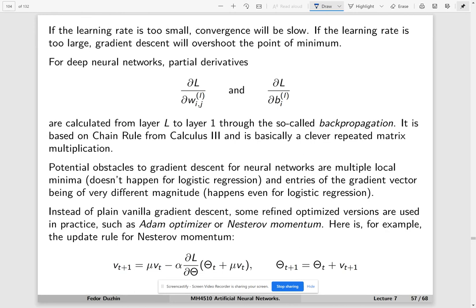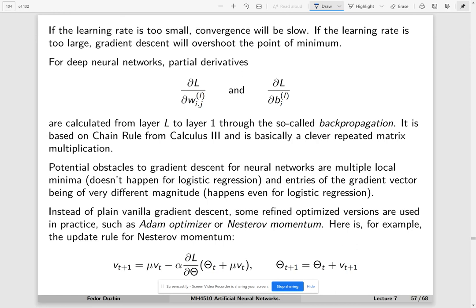Now here is the update rule. All these so-called optimizers are basically just modified update rules for gradient descent. So instead of just the plain vanilla update rule that we are familiar with, they use some slightly more complicated update rules.